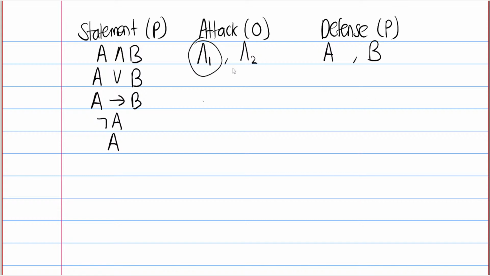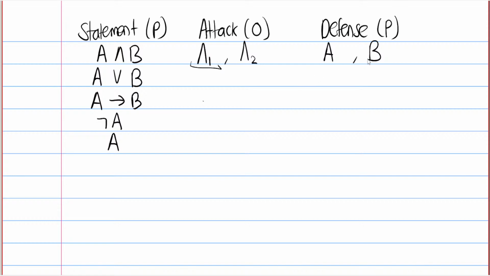So with the first attack, I'm asking you to provide me that A is true, and you should be able to do it. You should be able to defend yourself if this is really true, right? So the defense has to be A, and whether or not P can play that defense will decide whether or not this statement is really true. And P also has to withstand a second attack. O can attack twice. He has 2 moves at his disposal.